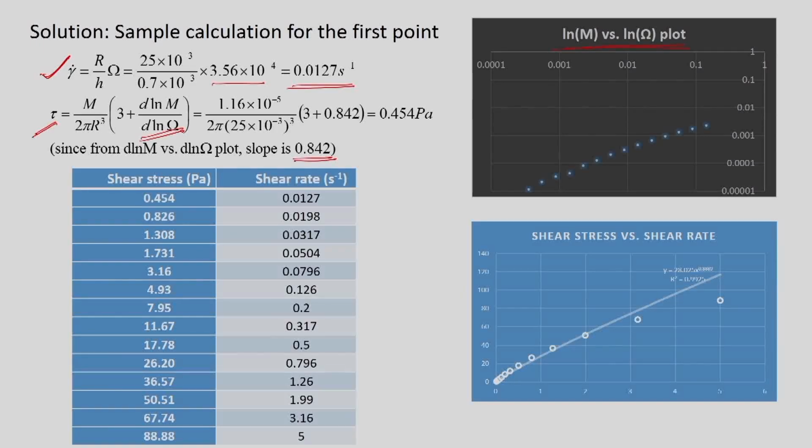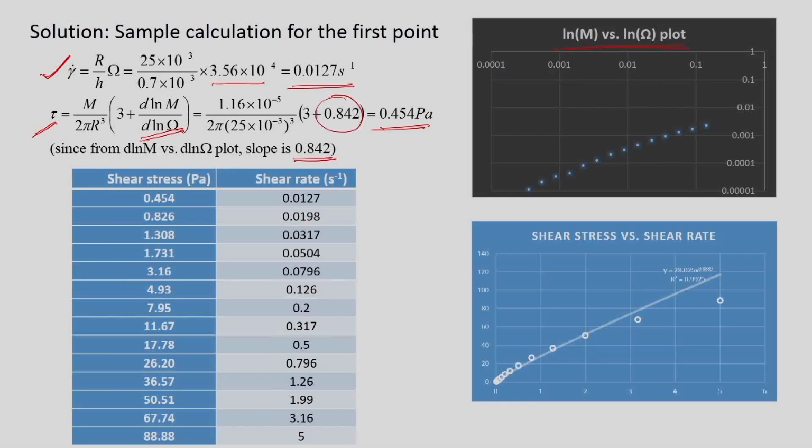Tau is equal to M by 2 pi R cubed multiplied by 3 plus d ln M divided by d ln omega. So, when you substitute the M and omega values, the R value here and simplify, you will get 0.454 pascals.